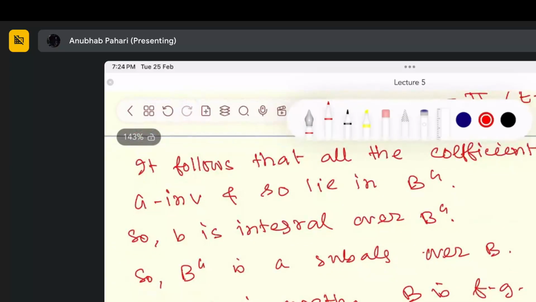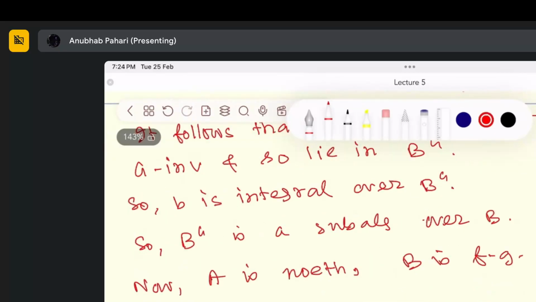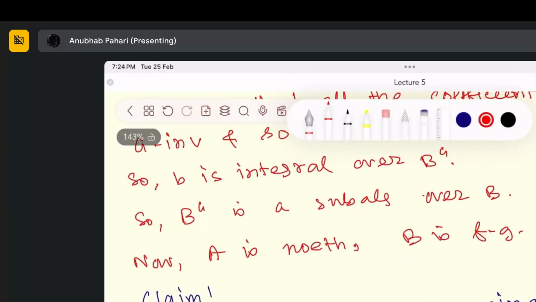Now A is Noetherian and B is finitely generated over A, so B is a Noetherian ring, and so any A sub-algebra, that means an ideal, should be finitely generated.